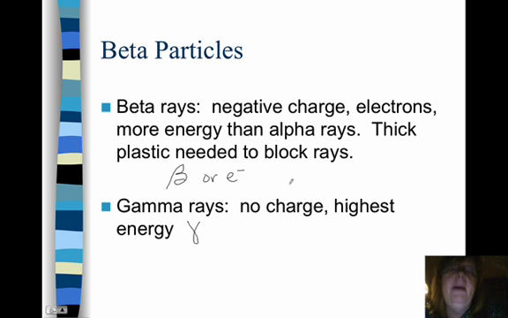But anyway, gamma rays have no charge, and they have the highest energy of all of the radioactive rays. So the lowest energy and the largest particle are alpha particles. They are the biggest, and then the gamma rays have the highest energy.